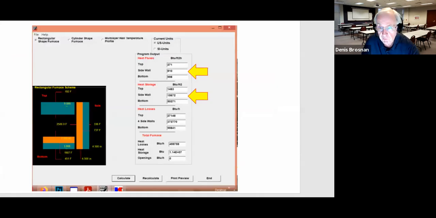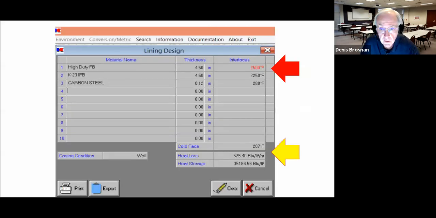We also saw that as we look back with heat flow, we got a red number up here where the furnace interfaces with the hot face, the high duty fire brick, 2500. It's in red because the database shows that the maximum use temperature for a high duty fire brick is 2400.